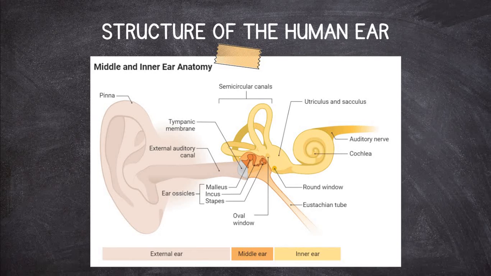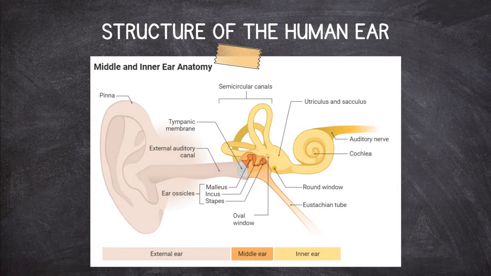So let's take a look at the structure of the ear. First, we have the external ear, where we have the pinna and the external auditory canal that you can see here. Then we have the tympanic membrane that is over there. And then we move over to the middle ear structure. So this is the tympanic membrane, and then the malleus, incus, and stapes. Those are these three little bones that you can see here. And then we have the oval window and the round window as well.